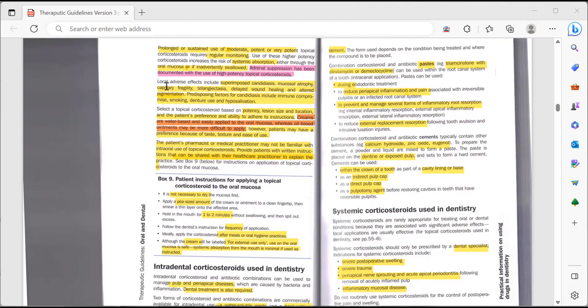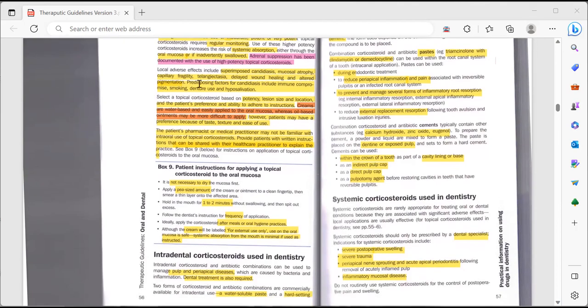Then there are some other disadvantages, which means there is an increased chance of superimposed candidiasis, because we all know that these corticosteroids lower the immunity. If the immunity is low, there is a high chance of these fungal infections, right? And as we are applying it over the skin or over the mucosa, there is a chance of mucosal atrophy, capillary fragility, telangiectasia, delayed wound healing, and altered pigmentation.